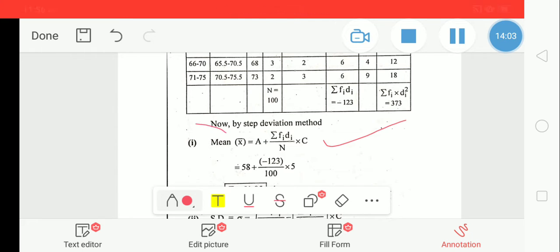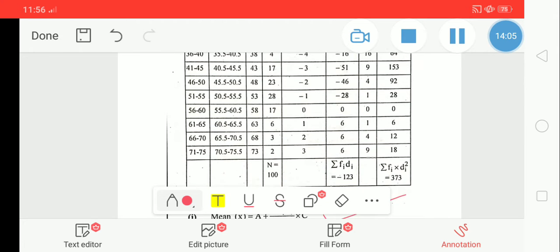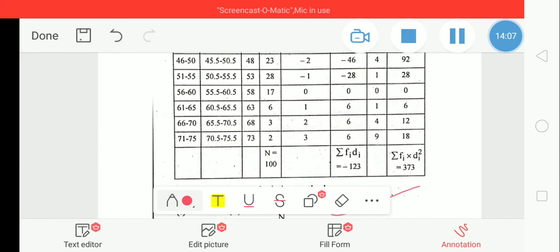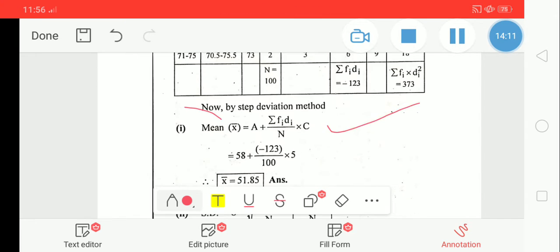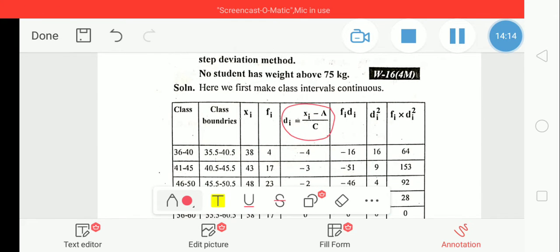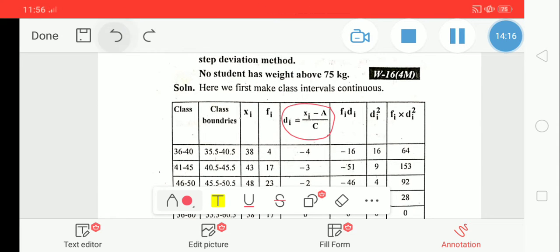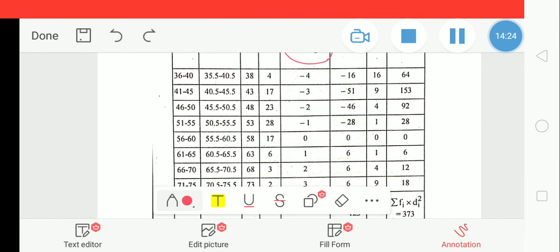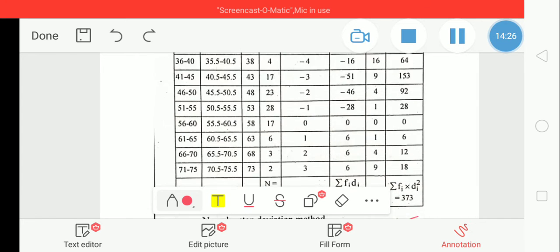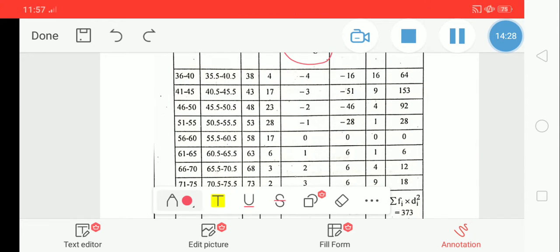That is the step deviation method. In finding, first d, so d is xi minus A divided by c. Xi is 38, and we first find A and c.